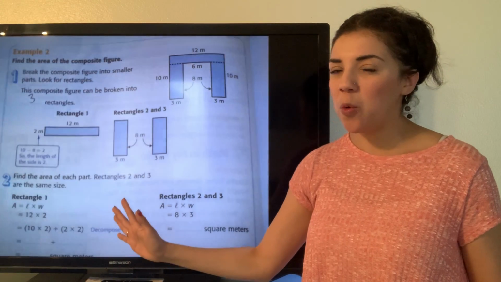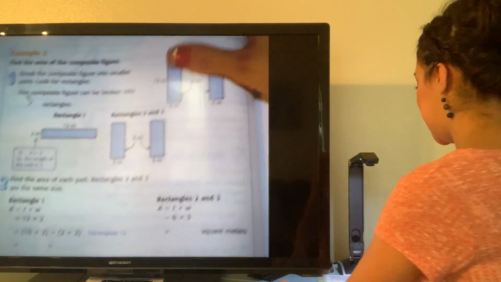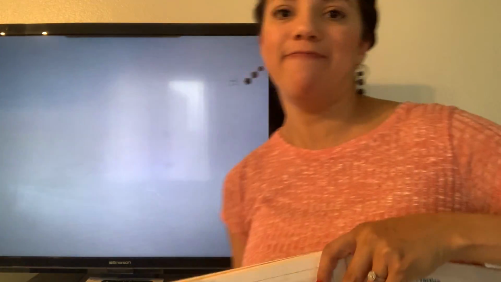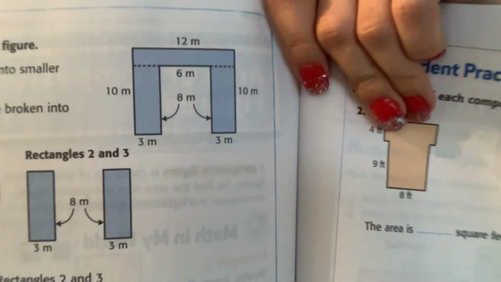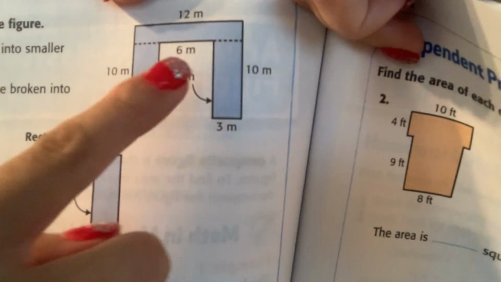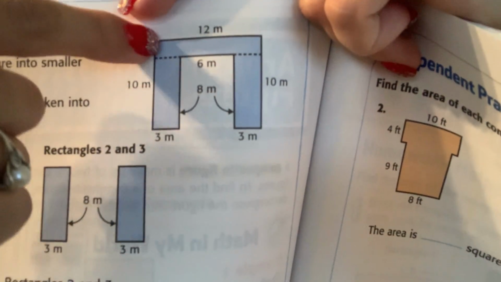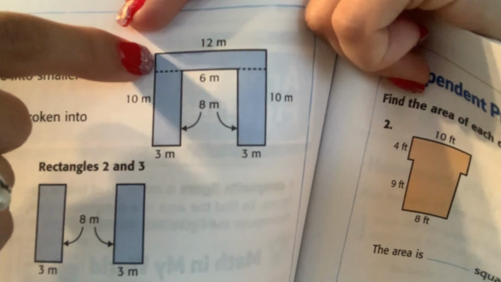But when we look at the side, look at this. Okay. So here is the 12. Now, we know that number for the rectangle, but what about this length here?